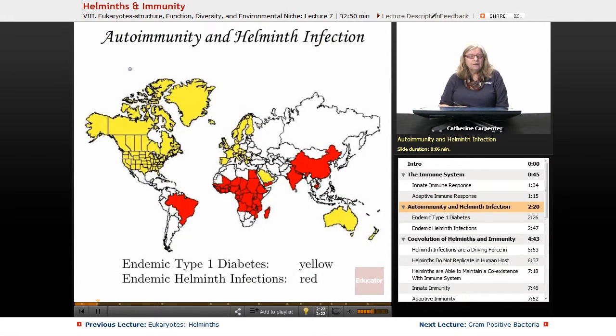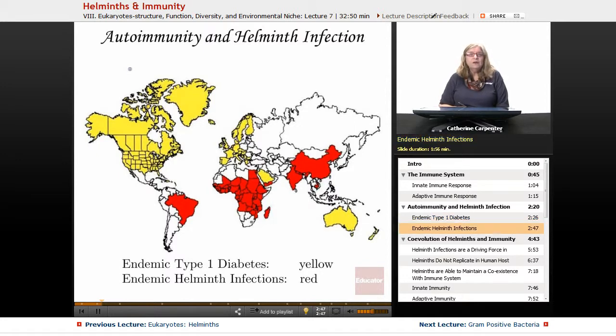So here's a very interesting map of the world, and you can see the yellow areas of the map indicate countries where type 1 diabetes is basically endemic, which means it consistently occurs in a reasonably detectable proportion of the population.